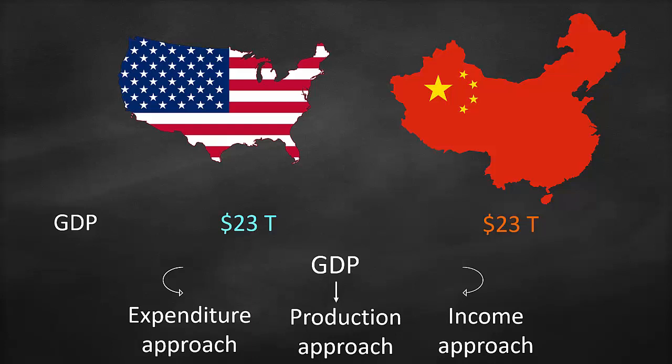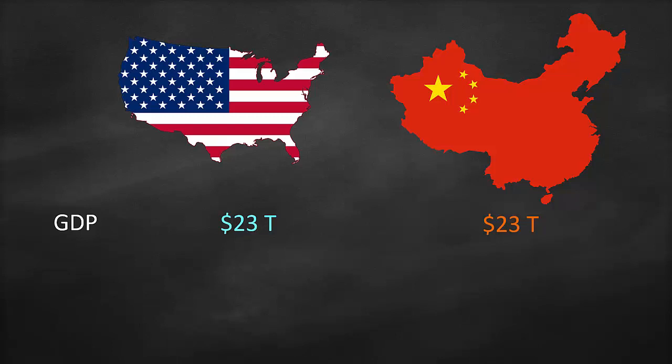So why can't we say that, although these two countries have the same GDP, the same production of goods and services in total, they have different average income? Because they have different populations. In the United States, what's the population? 333 million.